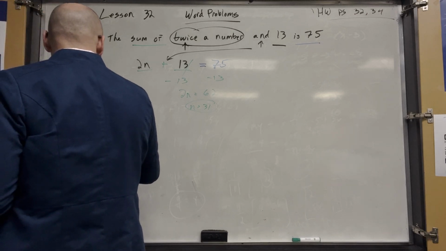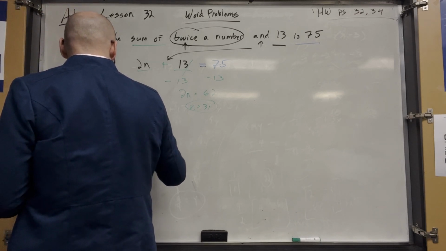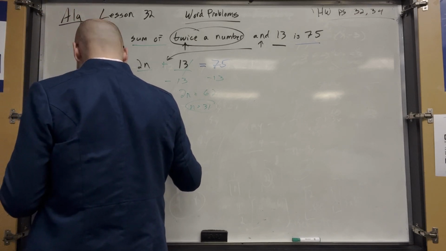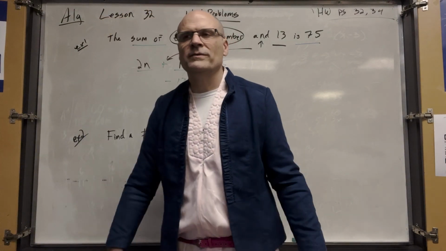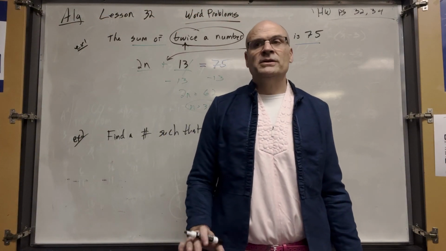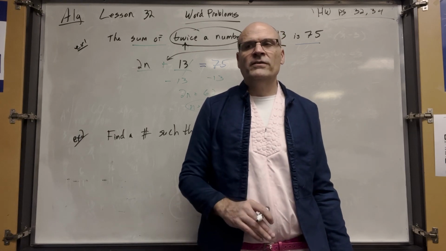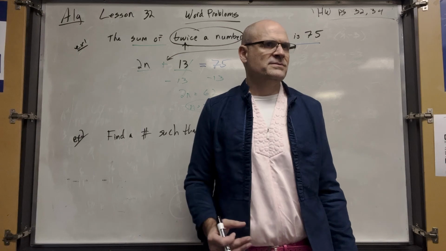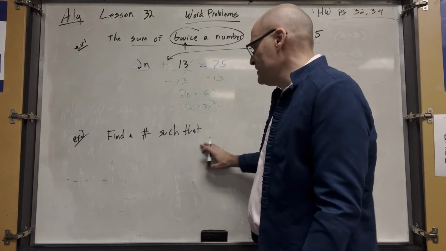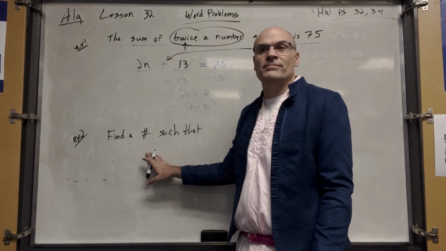Find a number such that, okay? So you don't have to translate this. This is kind of like the equivalent of a long time ago in a galaxy far, far away. And then after that is when the story begins, right? So this is find a number such that there once was a number.